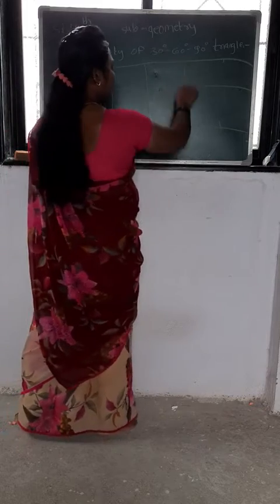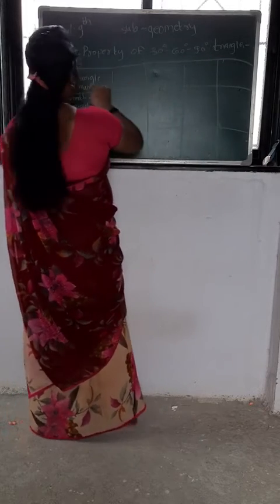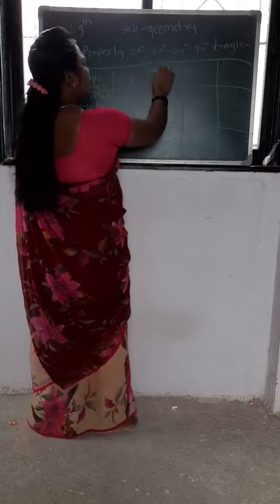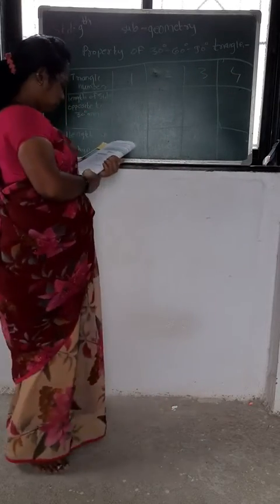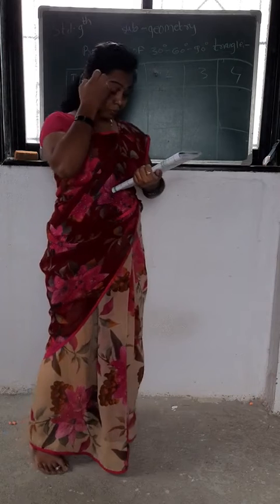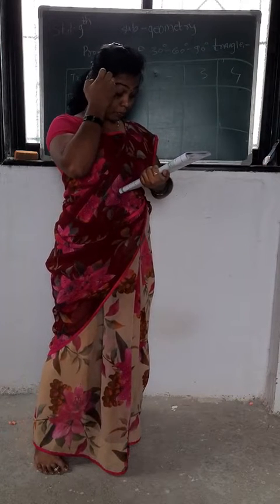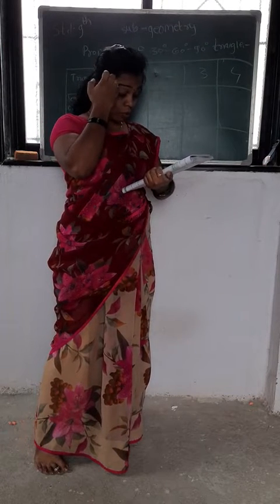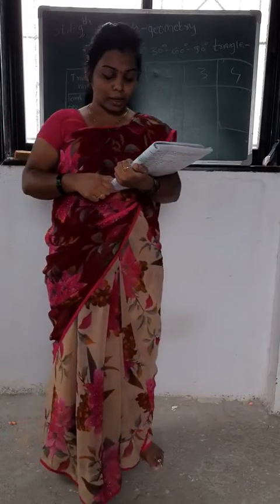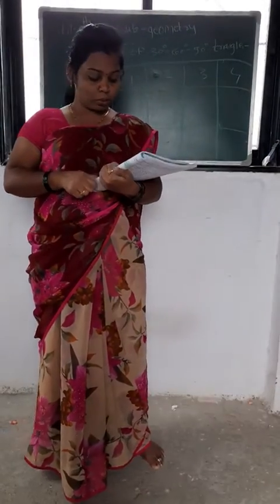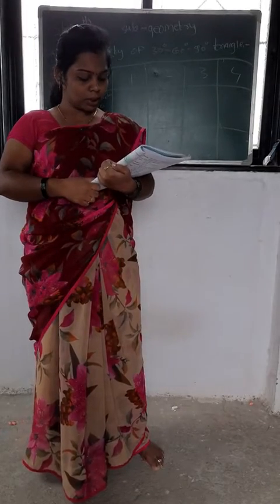Then triangle number 1, 2, 3, 4. Then, did you notice any property of the sides of a right angled triangle in which one of the angles is measuring 30°?